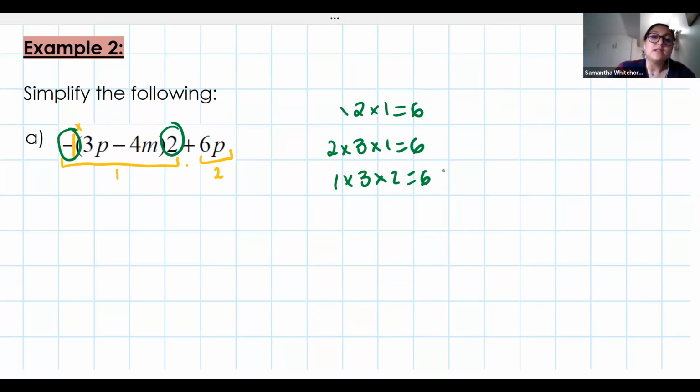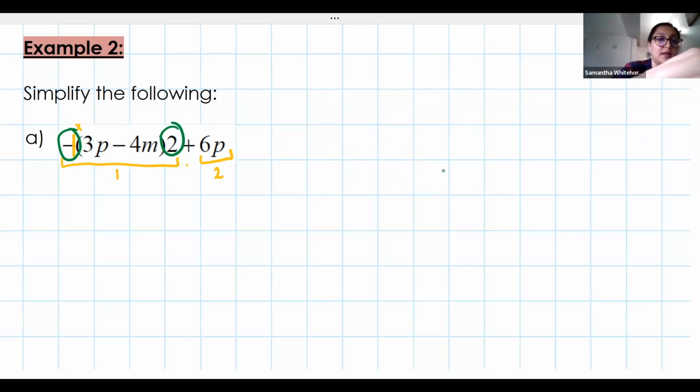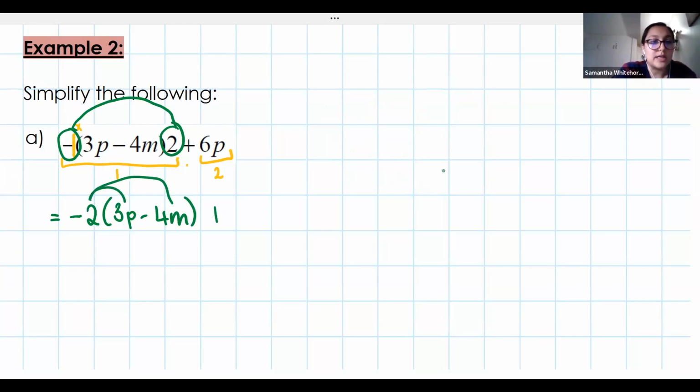And so what that means is whenever we have got 2 coefficients to my bracket, what I'm actually going to do is multiply them together. So -1 times 2, which gives me -2. And then I'm going to have my bracket. What this does is it allows me to distribute once only into my bracket.